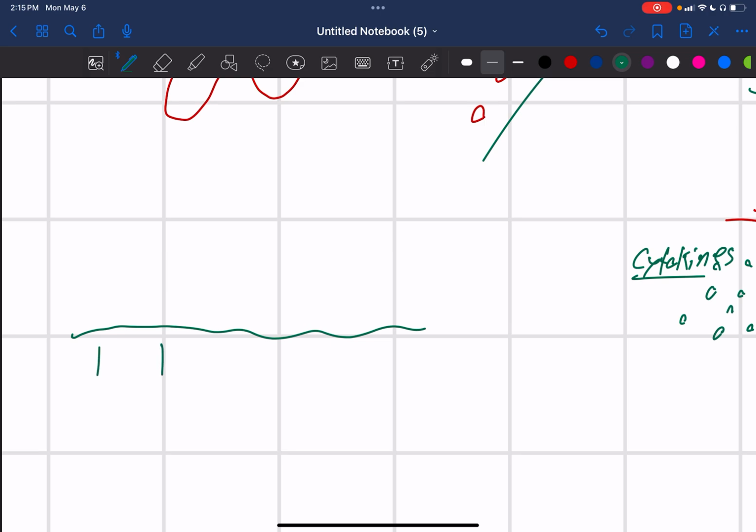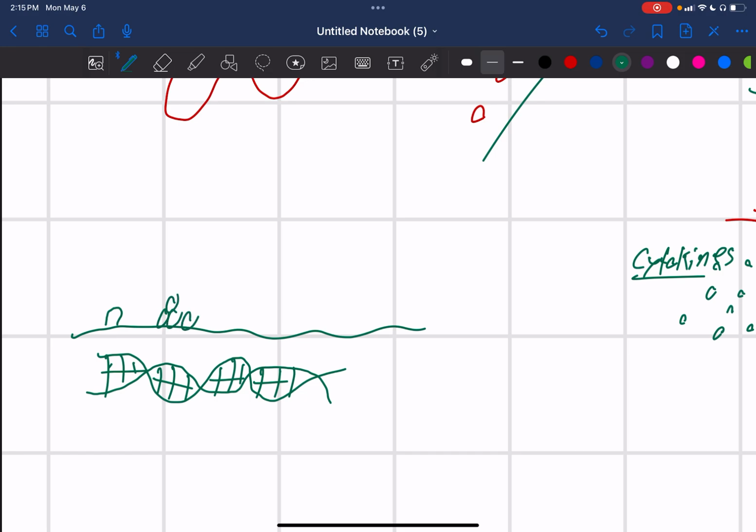We have a mutated DNA. Oh, that is terrible. I am a very terrible artist, in case you guys didn't know, right? Double helix strand. There is the DNA like that, and it becomes mutated, and we have the replication of a cell, which then builds up like this, and then it becomes even worse.